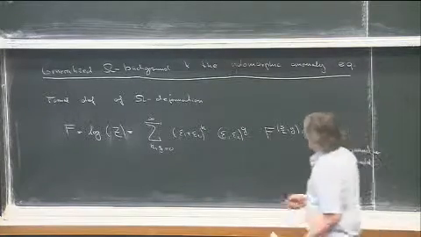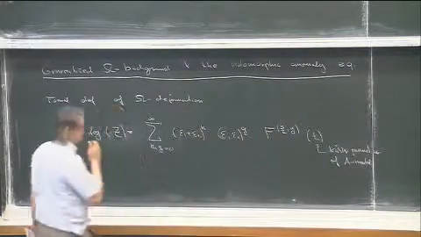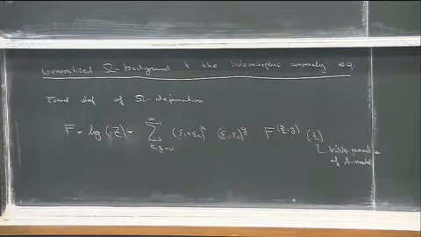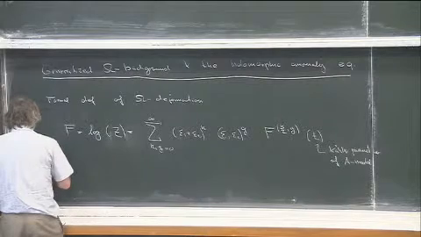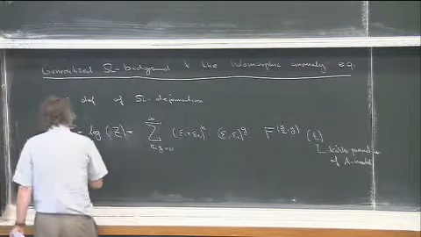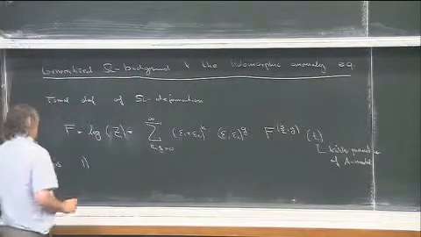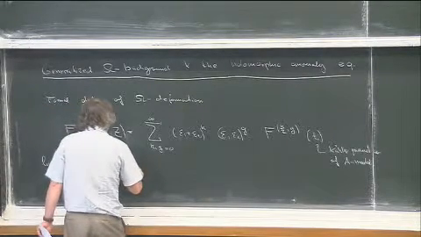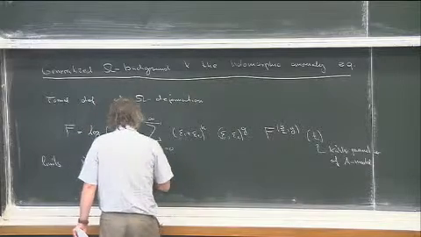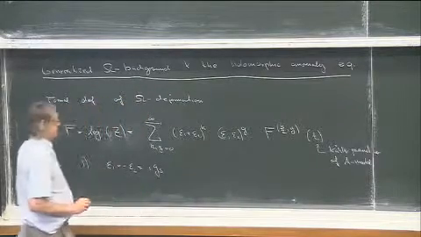And of course, the first thing that you ask, what has this to do with the usual definition? And then there are, in fact, limits. The most important limit for this talk is that you set epsilon 1 equal minus epsilon 2 equal I GS, where GS is the string coupling.